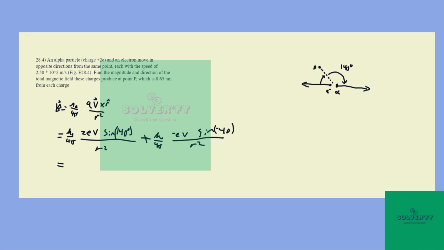So there are some common terms we can factor out. We have mu naught over 4 pi, we have e, the electron charge, we have V over r squared. And what we have left in brackets here is 2 sine of 140 degrees minus the sine of negative 40 degrees.